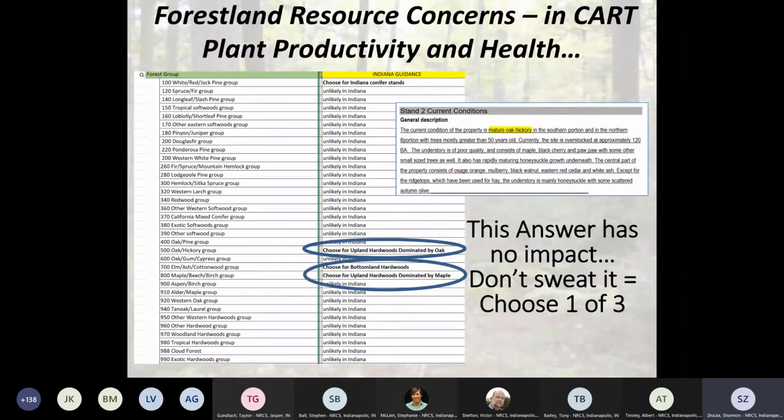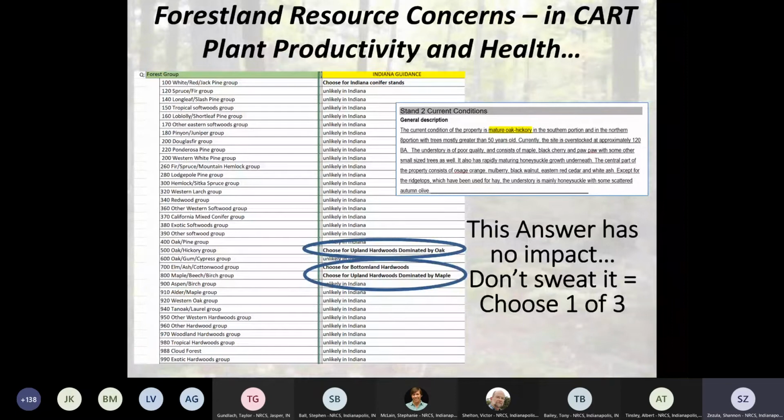You can see this big old long list. In our Indiana guidance, we are asking you to whittle this down to 3 options. One, upland hardwoods dominated by oak, which is forest group 500. But if we're dealing with bottomlands, now we're down into forest group 700. And if we're dominated by maple, we'll pick that 800 category.